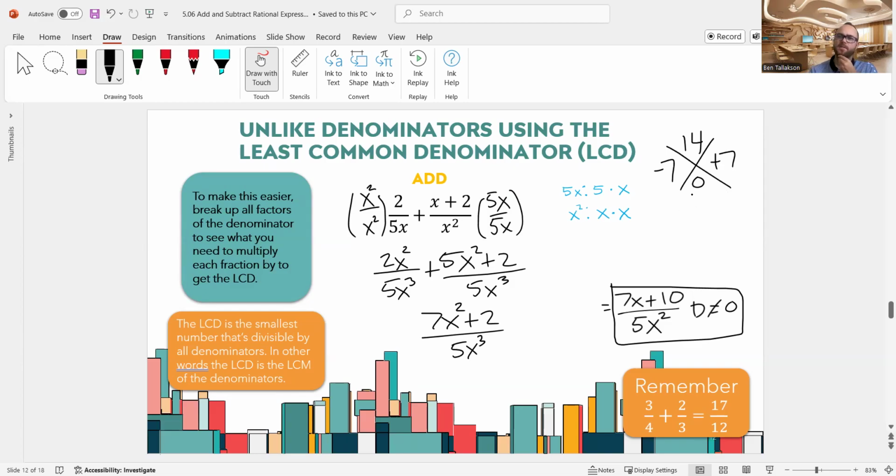Let's see. So we need these both to be positive or negative, and we need them to be the same because they need to add to 0 because there was no x term. So that's actually not going to work.